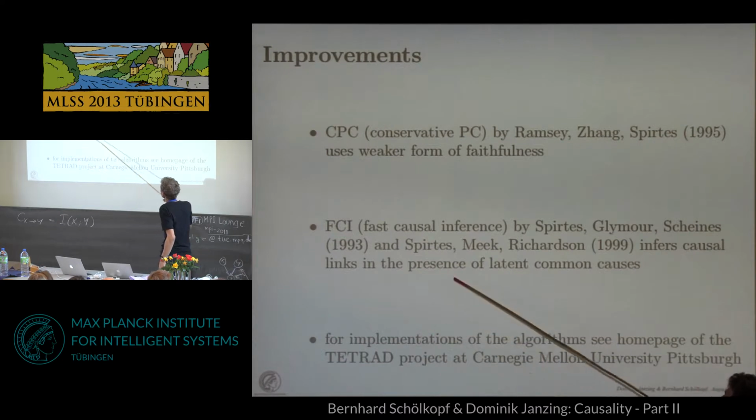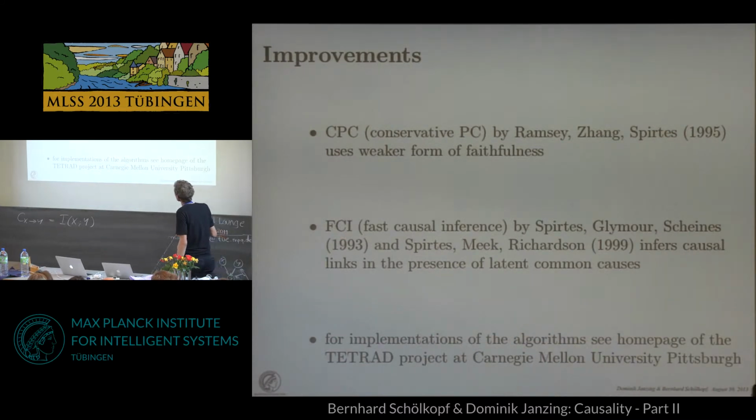Then there is an algorithm that works in the presence of latent common causes. Several people already asked for that in the break. Actually, if you include common causes, then it first seems like an infinite problem because the set of possible common causes could be infinite.